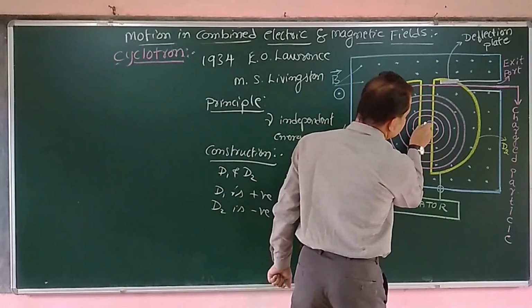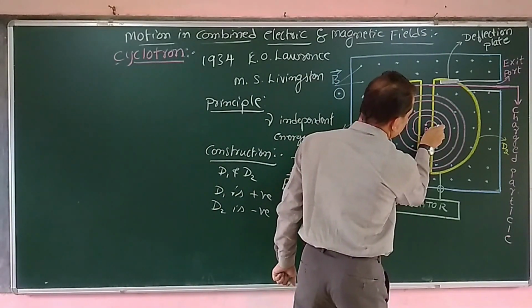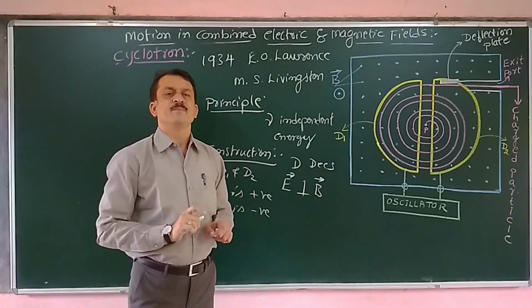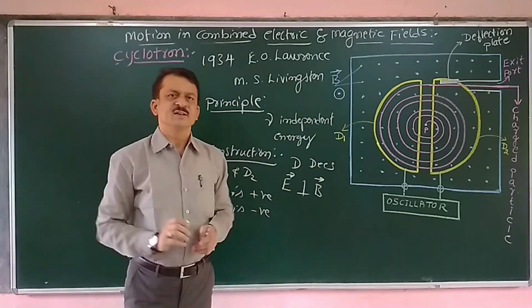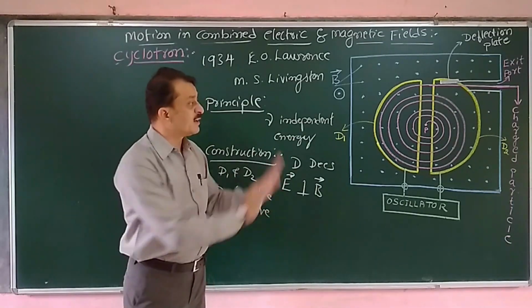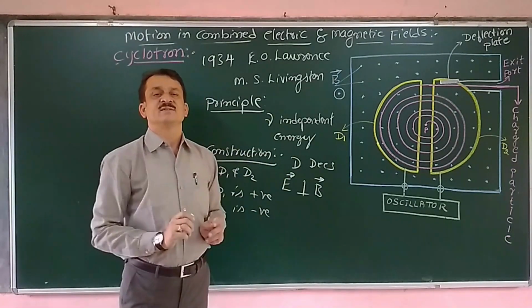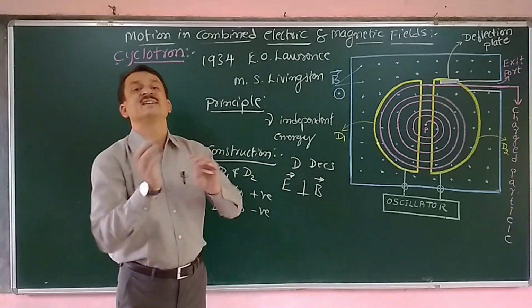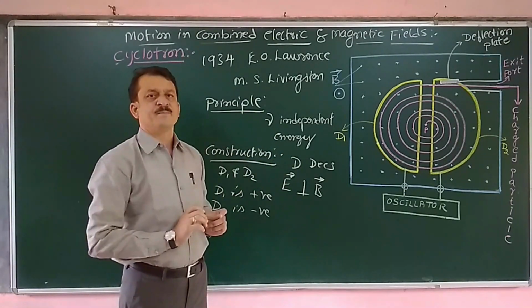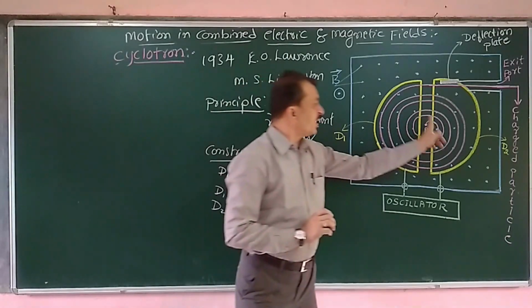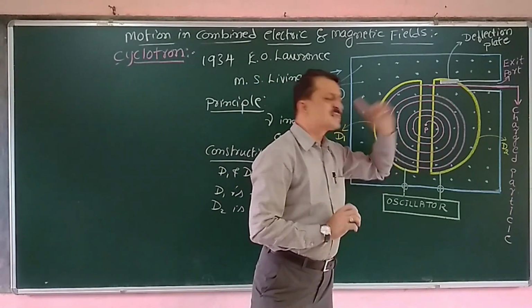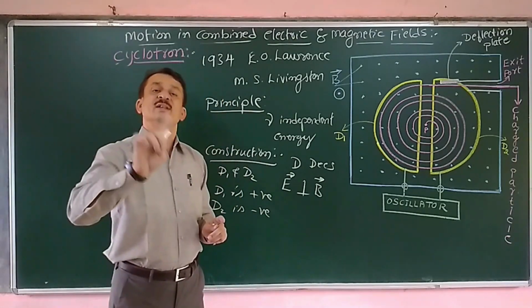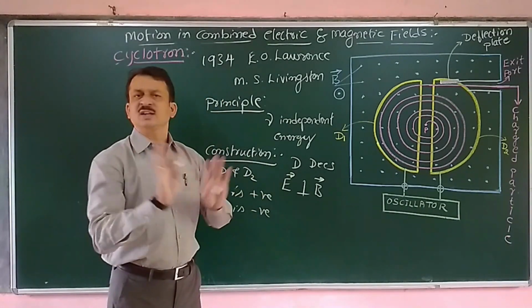As and when it enters D2, inside the D there is no electric field, and hence its velocity remains constant. There is no acceleration inside the Ds. Therefore, as and when the particle enters the Ds, it is acted on only by the magnetic field and not the electric field.